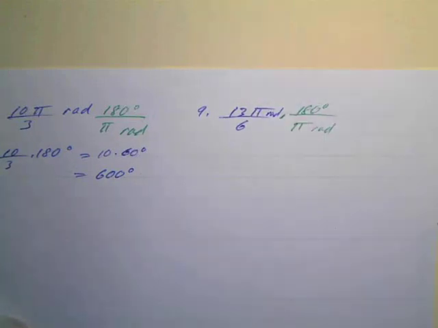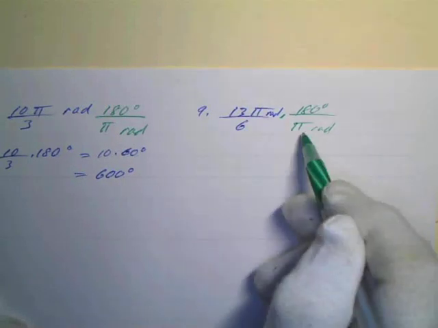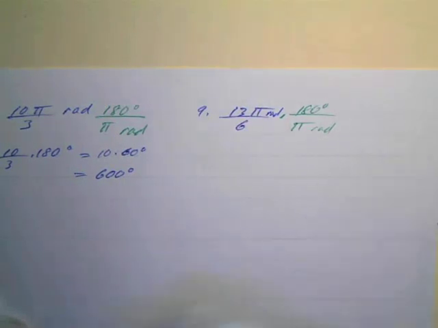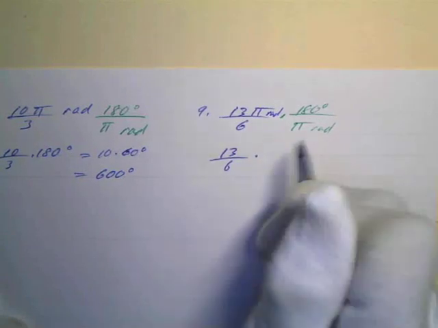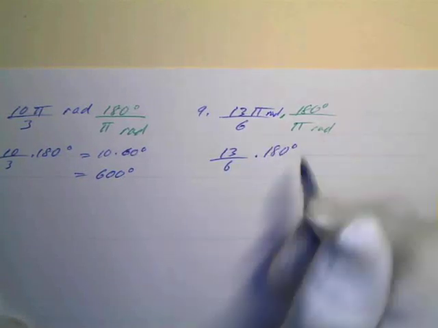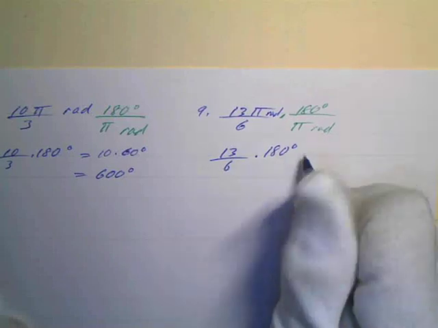And what's going to be left is these pi radians cancel. So I've got 13 over 6 times 180 degrees, and 6 goes in there 30 times.